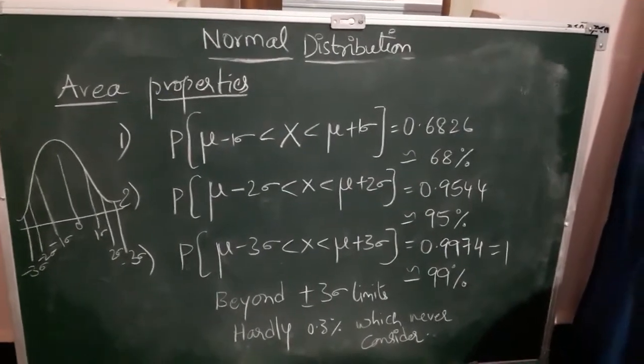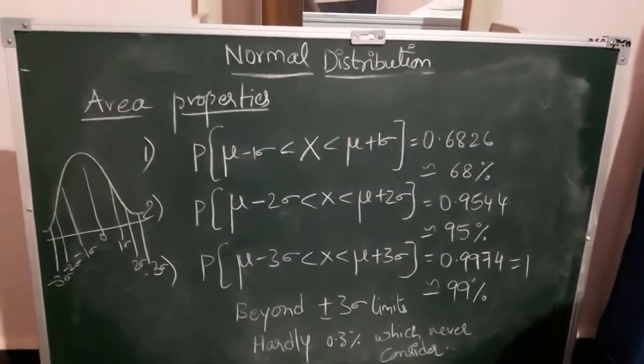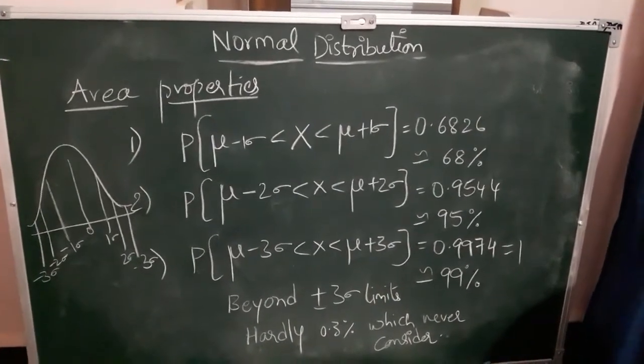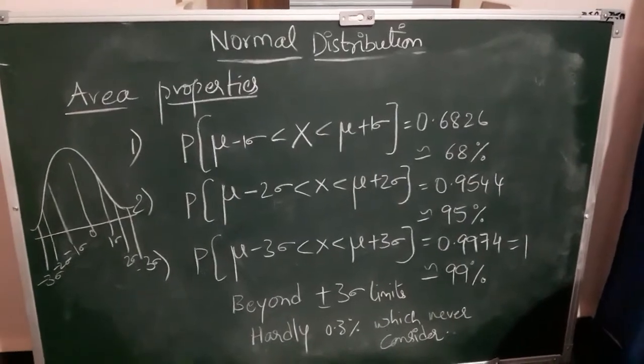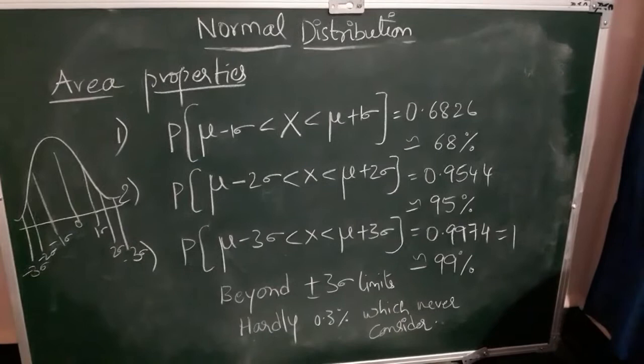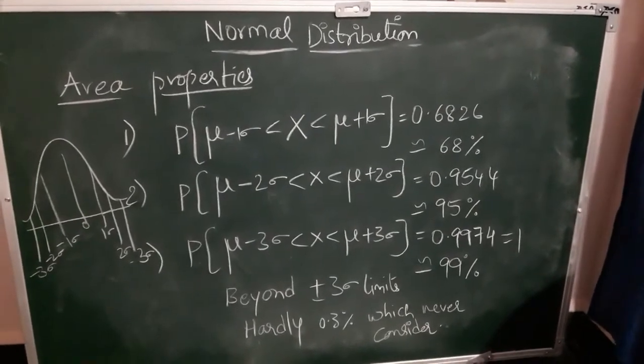Do you remember the PDF? f of x equals 1 by sigma root 2 pi into exponential e power minus 1 by 2 bracket x minus mu by sigma whole square. Do you remember that PDF?